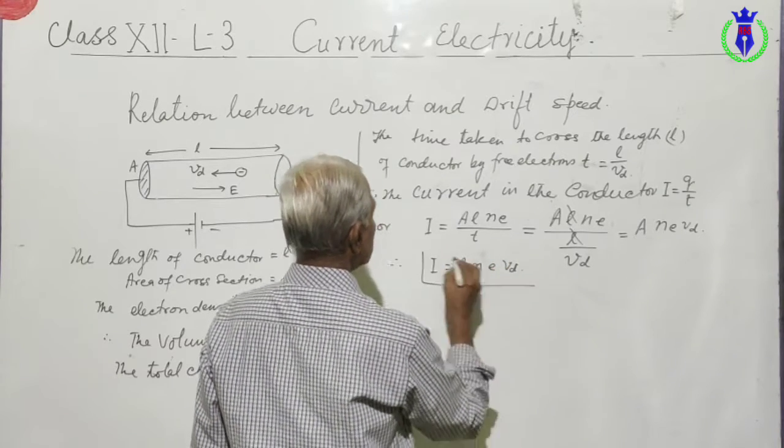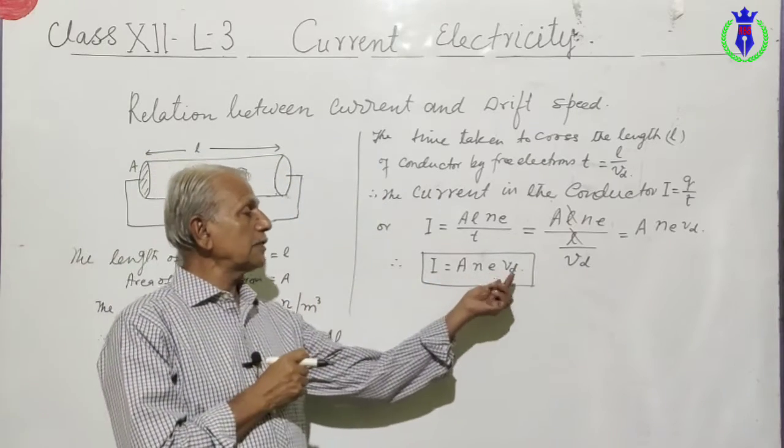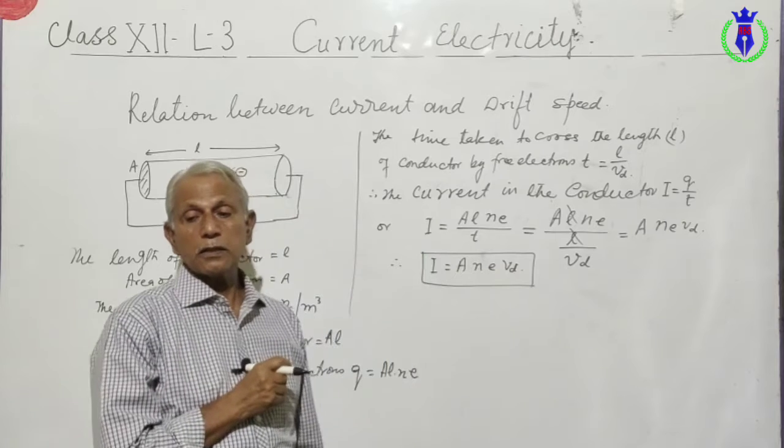This is the relation between the current flowing in the conductor and the drift speed or drift velocity of the electrons.